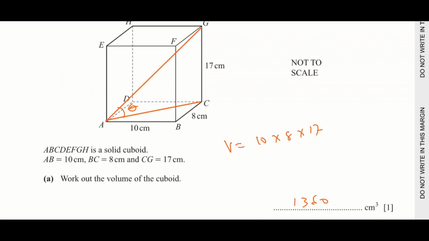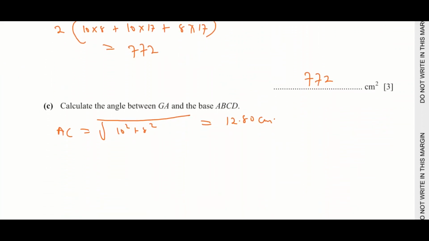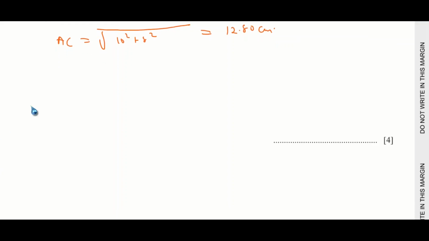Then I can now use this to find the angle. If I draw the triangle like this, I have this side to be 17, and this side to be 12.8, and this is theta.